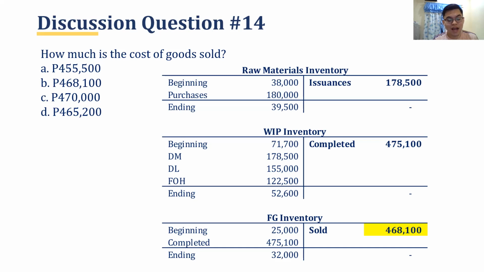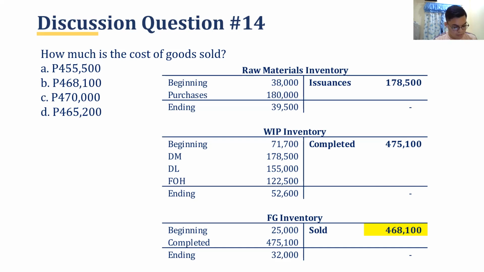So pagsama mo siya, 71.7 plus 178.5 plus 155 plus 122.5. Deduct mo lang yung ending balance. There you get your cost of goods completed. That's 475,100.